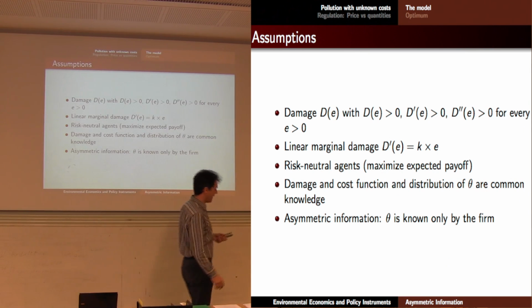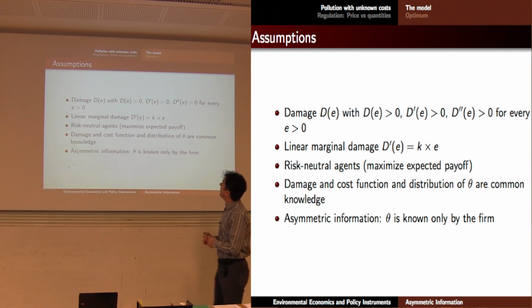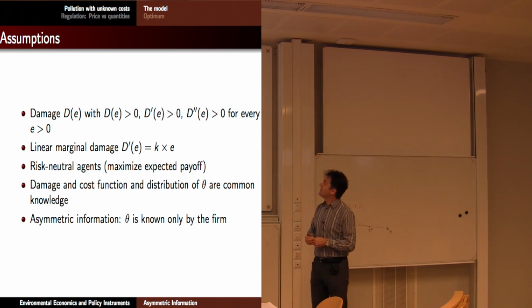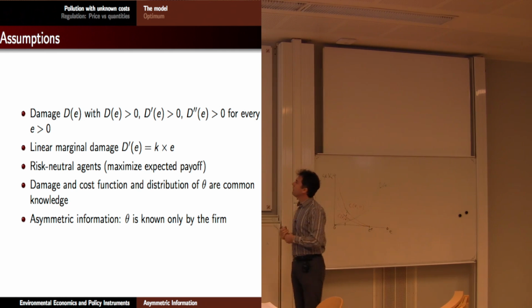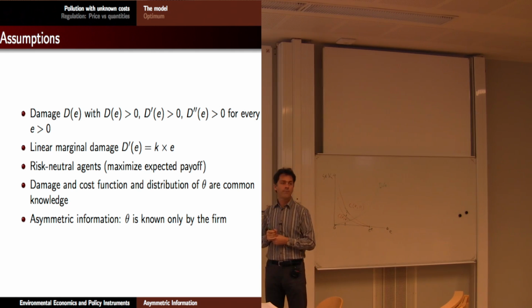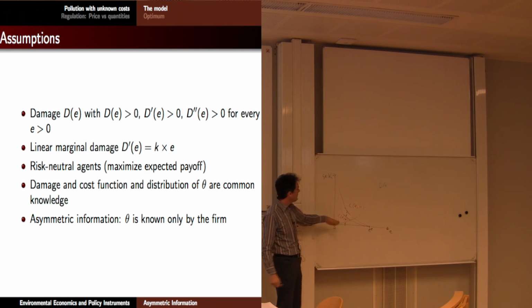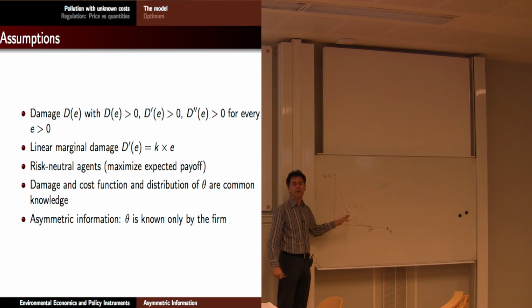On the damage side, we have only one damage function, which is increasing and convex. The more the firm is emitting, the higher is the damage. And the marginal damage is increasing with emission. So it's a standard assumption that you can cope with some emissions, a little bit of pollution.